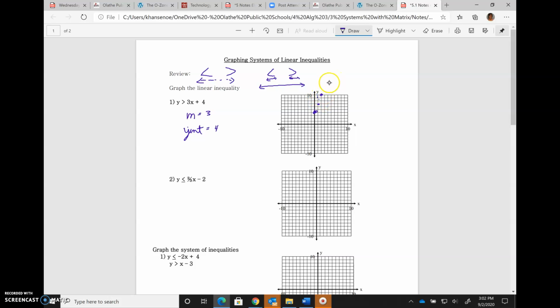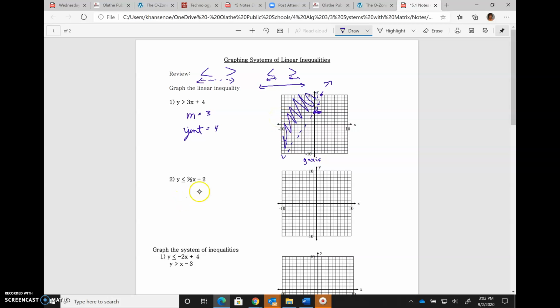It's a dotted line because it is greater than. Remember, here's my y-intercept. My y-intercept's at 4. Where are all the numbers on the y-axis that are greater than 4? Going up this way. That means that's the side I shade on.